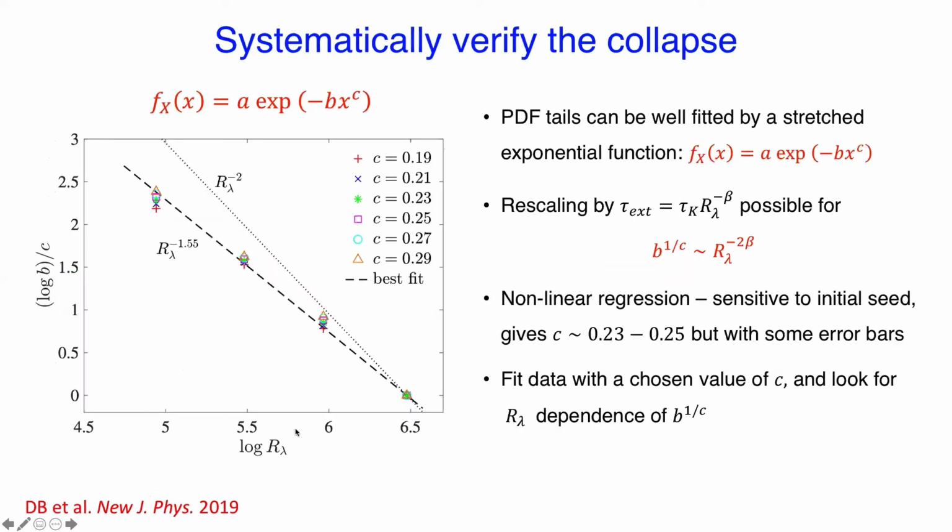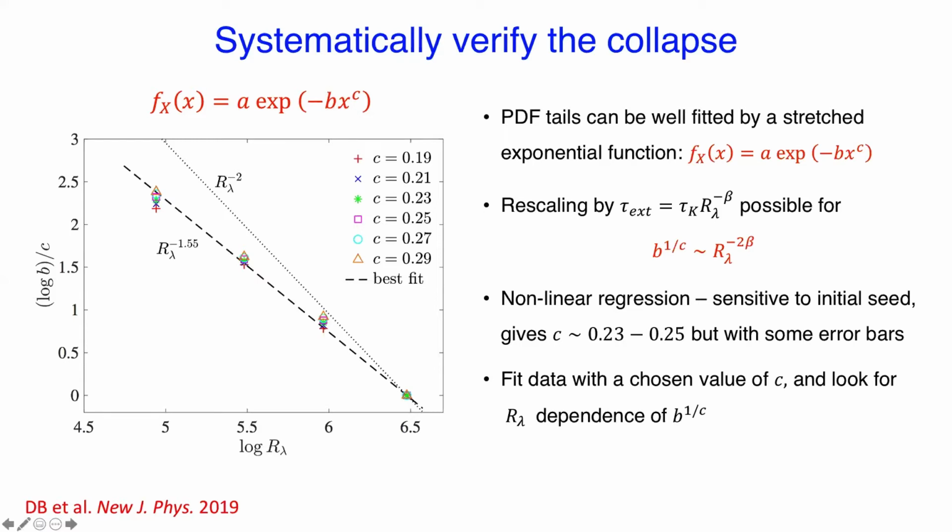Okay, so without going into too much detail, I just want to say that this collapse can be verified very robustly. Basically, the trick is to know that the tails of the PDFs of strain and vorticity can be very well fitted by a stretched exponential function of the form exp(-b x^c), where x is, for example, omega, the vorticity, times the Kolmogorov time scale.